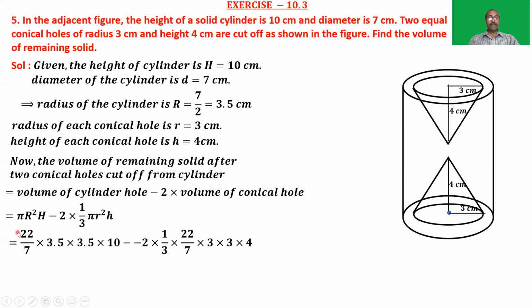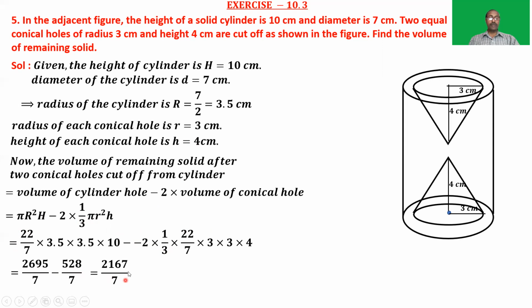Now substitute the values of capital R, capital H, and small r, small h in this one. So 22 by 7 into 3.5 into 3.5 into 10, minus 2 into 1 by 3 into 22 by 7 into small r is 3, so 3 into 3, into small h is 4. So this product is equal to 2695 by 7, minus this product is equal to 528 by 7.